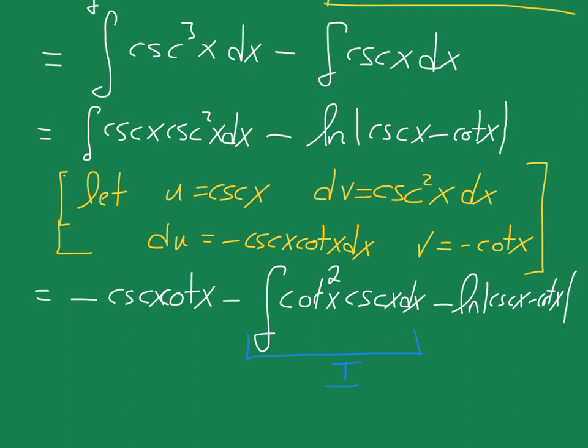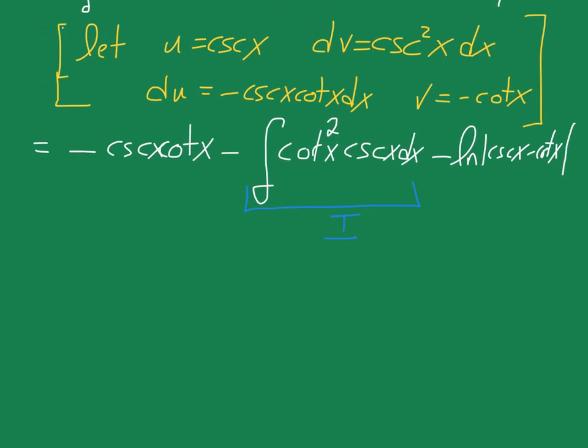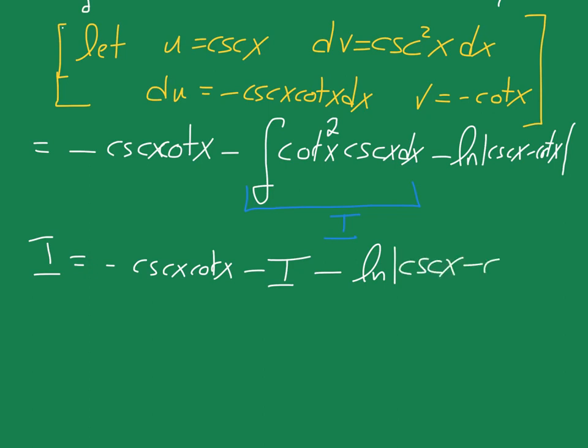Okay, so what do we have then? Let's just write a new line here. So at this point, our original integral, I, is equal to minus cosecant x cotan x minus I minus the log of the absolute value of cosecant x minus cotan x.